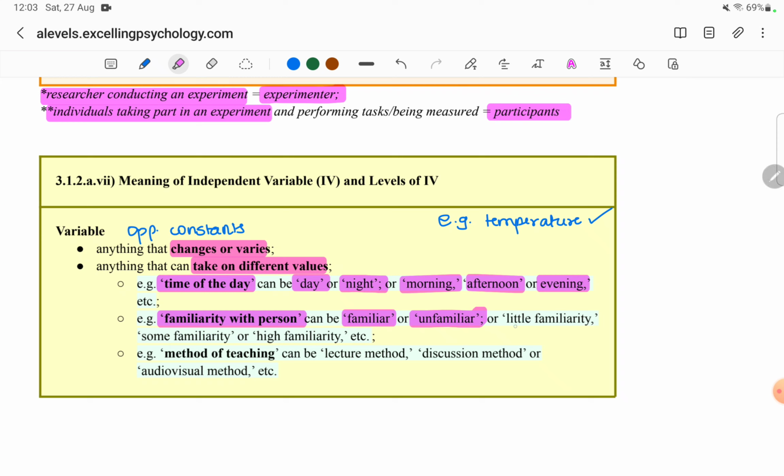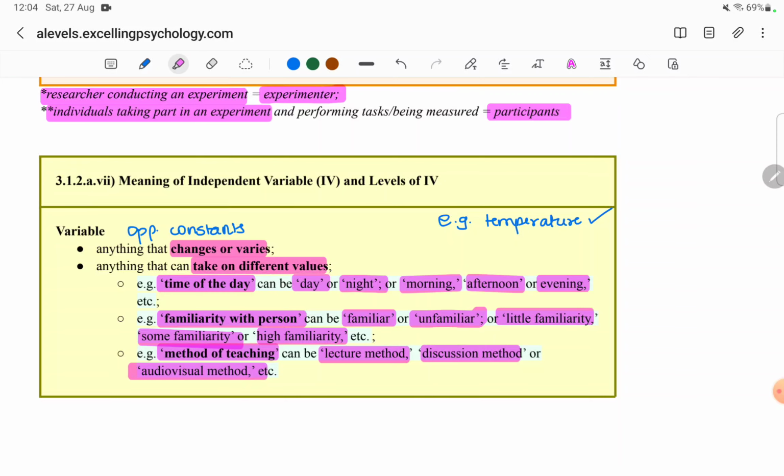So he might want to study familiarity as little familiarity, some familiarity, or high familiarity. Nevertheless, because it takes on many different values, irrespective of which values are studied, it is a variable. Method of teaching is another variable, and it can take on different values like lecture method, discussion method, audiovisual, which is our presentation method, etc.